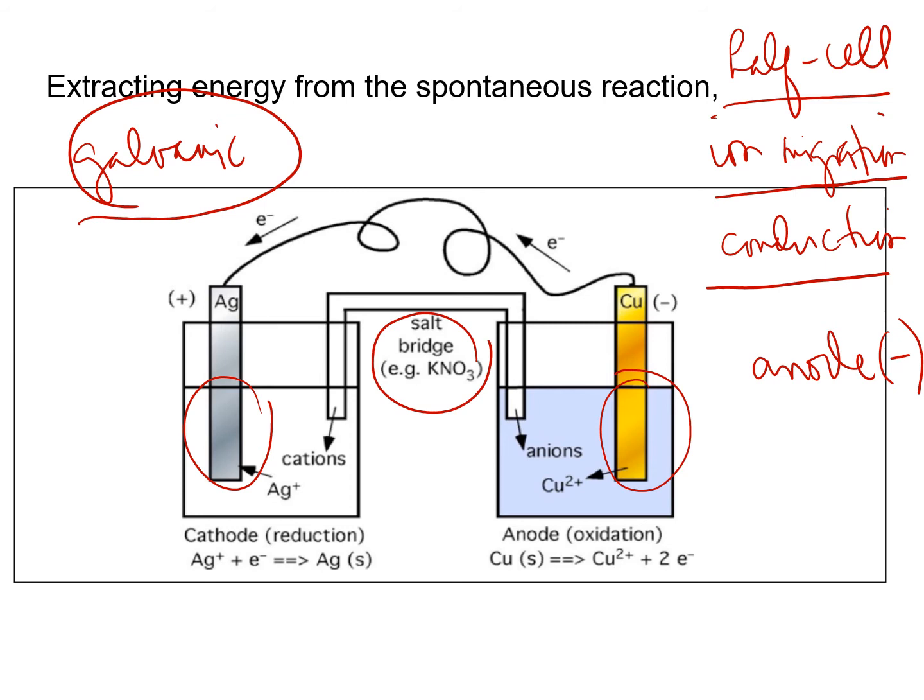So it's negative, and our cathode is positive, since the silver plus becomes part of the electrode. So the charge of our anode is negative, and the charge of our cathode is positive.